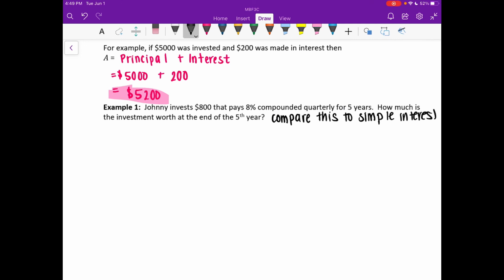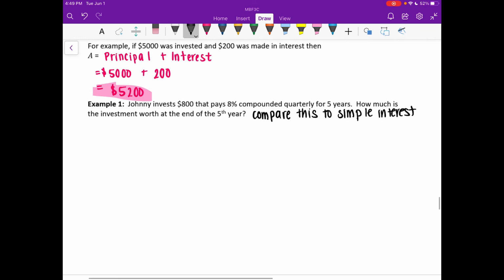So we're going to do both. Let's find it with compounding interest. I know that the formula for compounding interest is A is equal to P(1 plus I) to the power of N. So I know I'm going to need to find my P, my I, and my N. It's just easier if you have this all laid out for you.